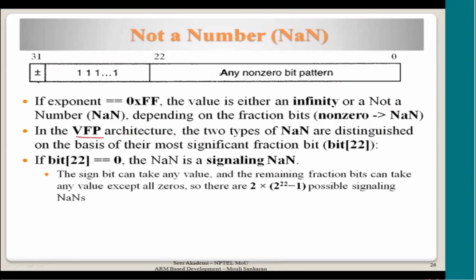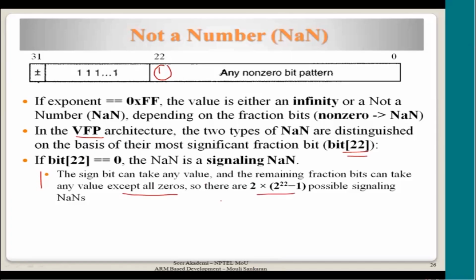they are giving the value as sign bit followed by bit 22, and the remaining fraction bits can take any value except all zeros.